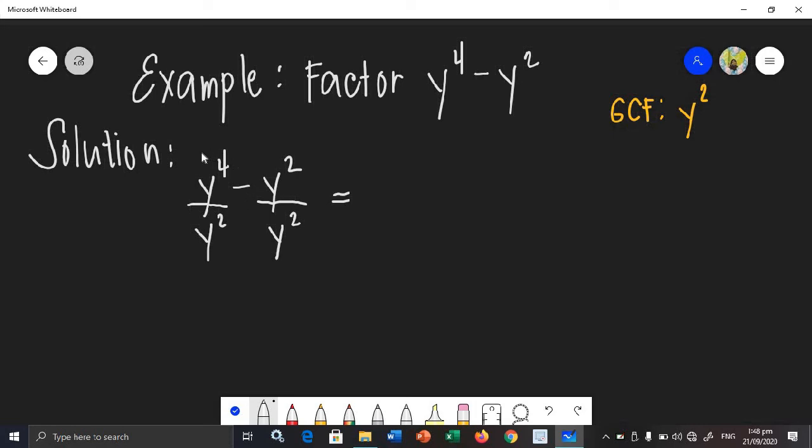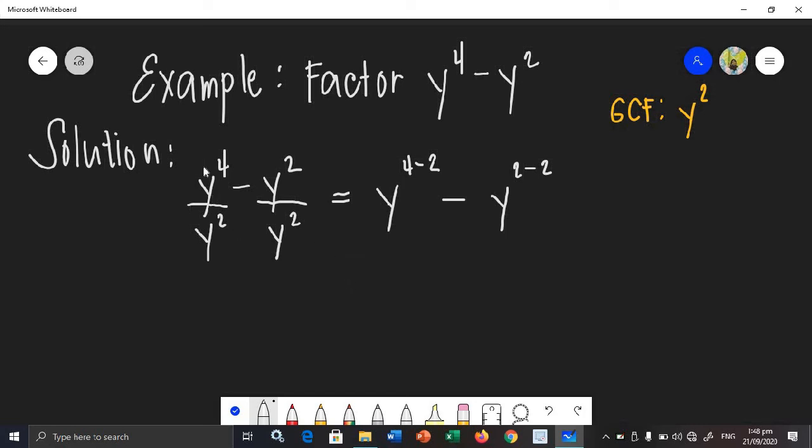Now, here, in simplifying this, kung naaalala nyo dati, nag-divide na tayo sa algebra. Kapag nag-divide tayo, we will just be subtracting the exponents. Okay? So, this is simply y raised to 4 minus 2, diba? minus y raised to 2 minus 2. Pero, tandaan natin, pwede lang tayong mag-subtract ng exponents kung same yung base nila.